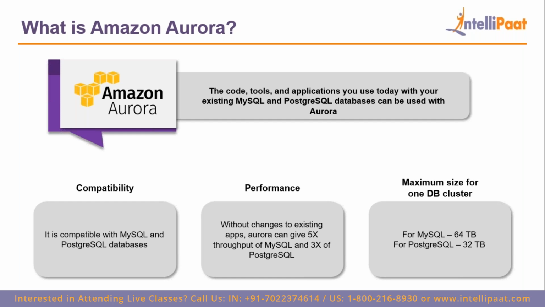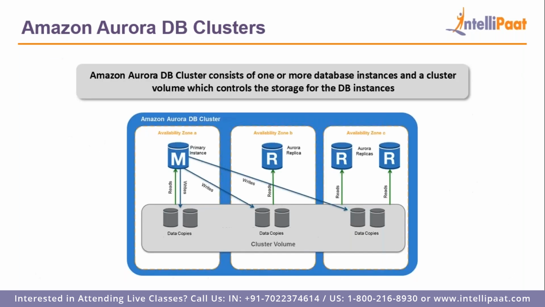For MySQL, it can go up to 64 TB for one database cluster, and for PostgreSQL it can go up to 32 TB, and the minimum is the same, 10 GB.